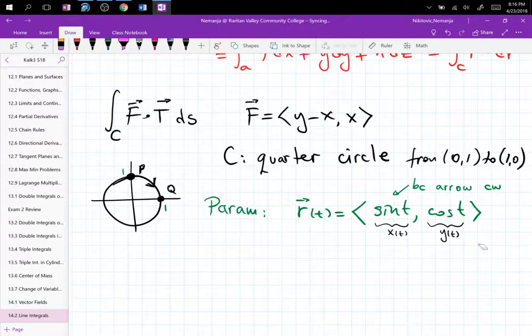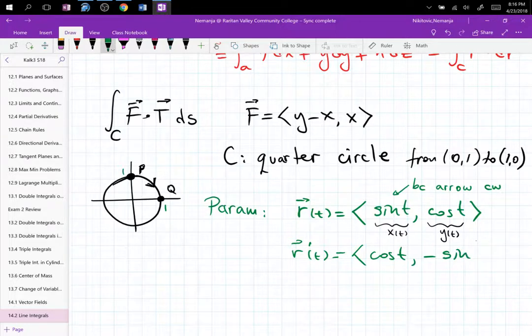All right. So I have my parameterization, and now I will need my r prime, which is cosine t, negative sine t. I'll have to use that as well. And now I just need to put this thing together.